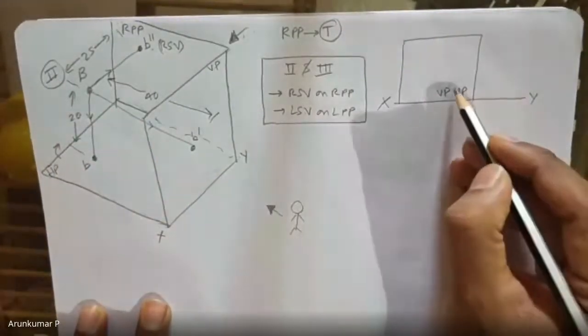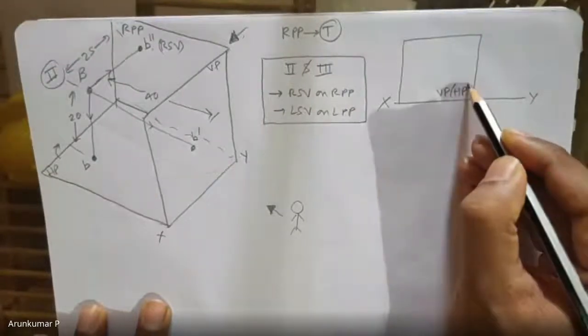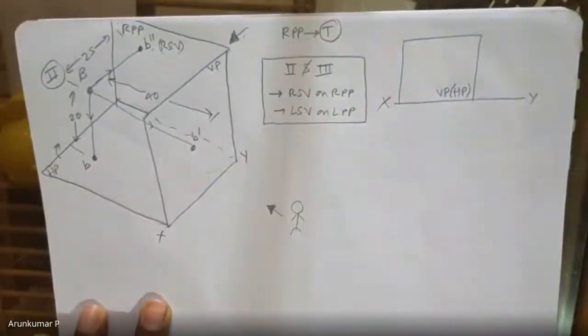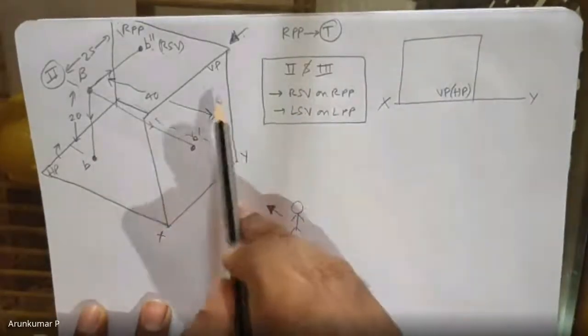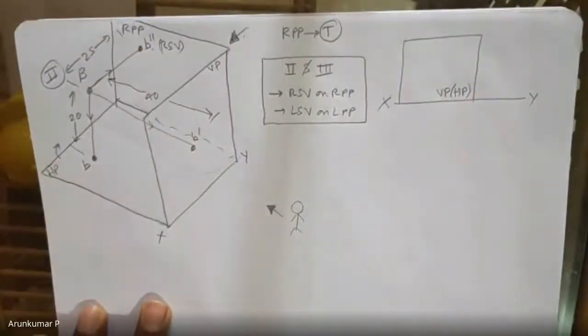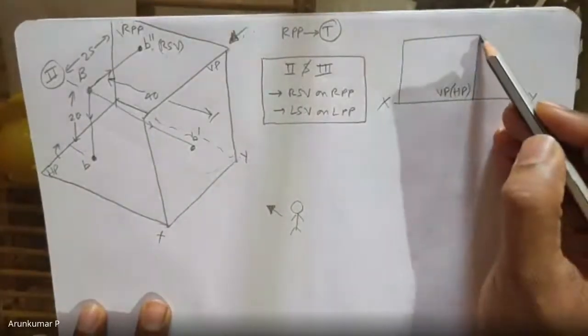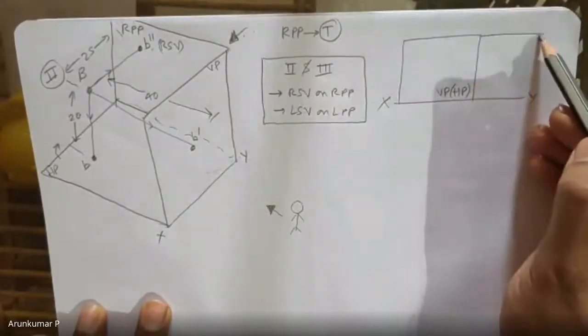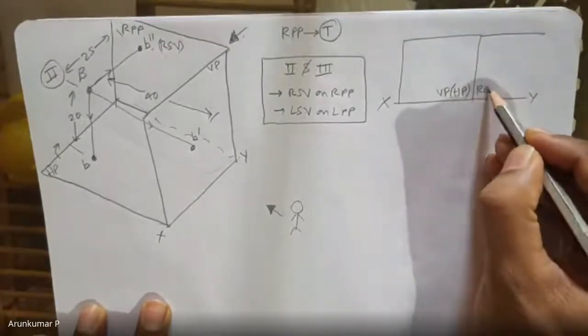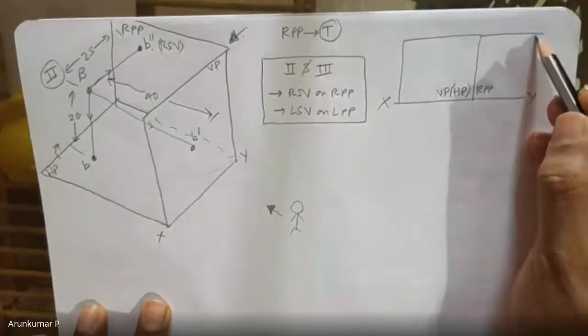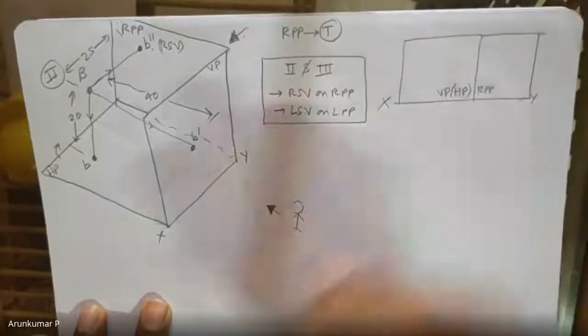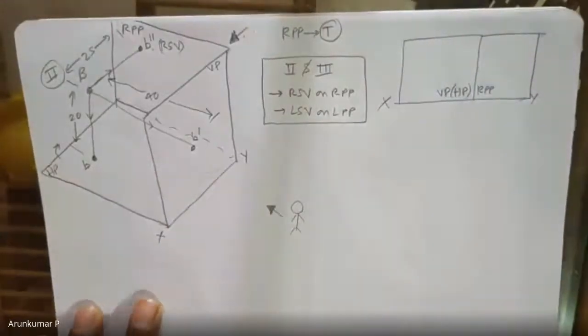So HP and VP are together, and HP is covered by VP. So you put HP in brackets. This is the arrangement of planes in the second quadrant. Now, where should RPP come? As per our thumb rule, it should come beside VP. So RPP is to the right of the vertical plane. So this is the arrangement of planes.